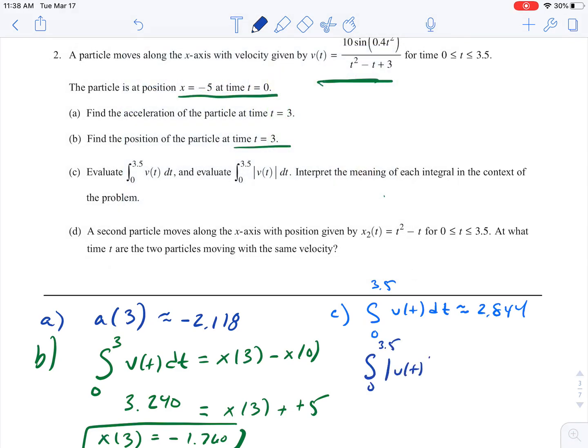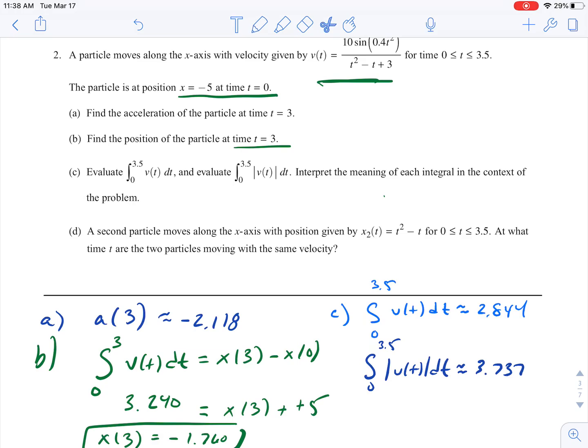And if we take the absolute value of velocity and integrate here, we're going to get 3.737. Okay, so we ended up about 2.844 units to the right of where we began, but it took us 3.737 steps to get there. So we probably went a little past there and came back, something along those lines.